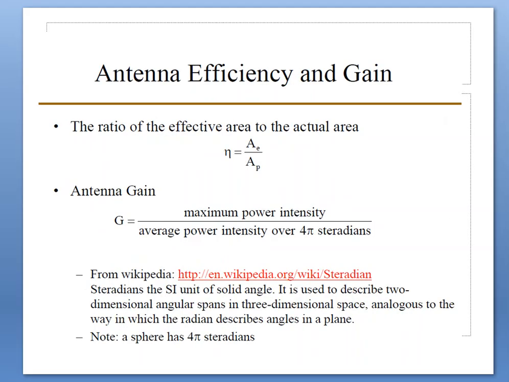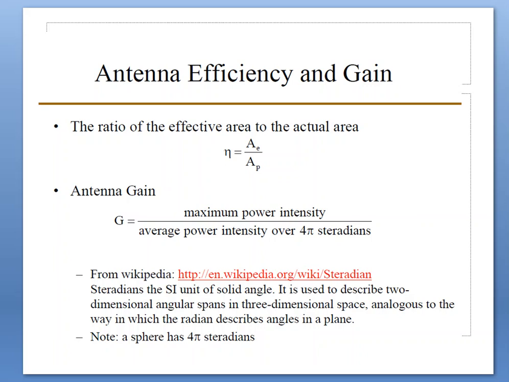Now antenna efficiency and gain calculation. If the antenna under consideration is a transmitting antenna, the effective area is designated by AET. If the antenna in question is specific to receive or transmit function, the effective area can be designated simply AE.